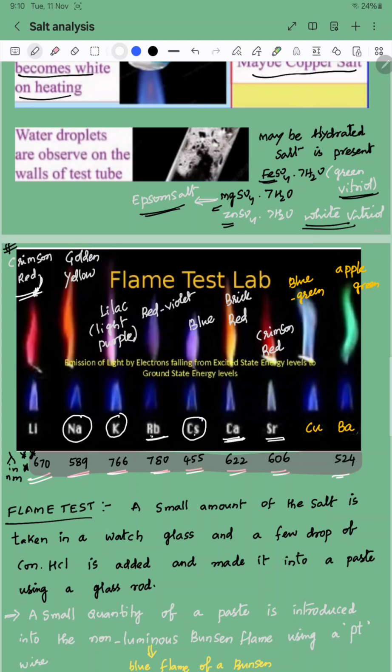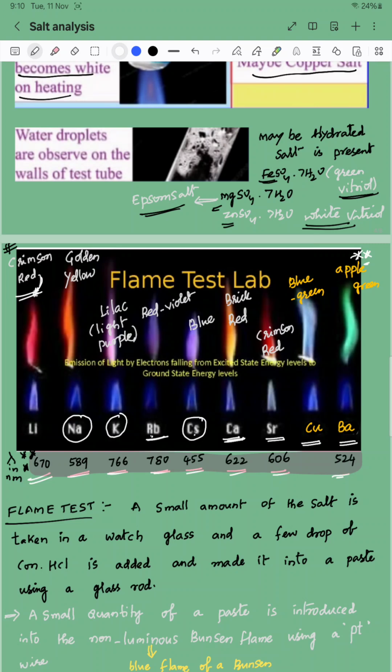Strontium will be crimson red; lithium and strontium are both crimson red. Copper will be blue green, and barium will be apple green. So this is the flame test color.